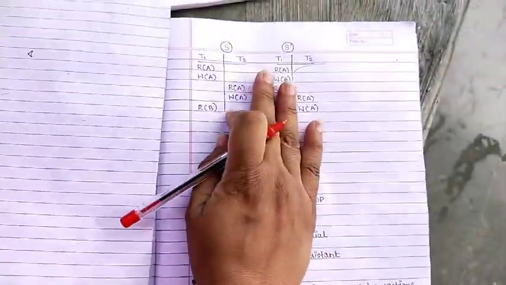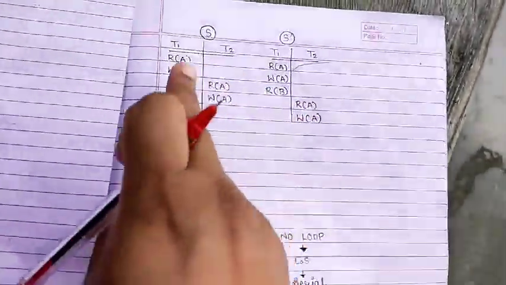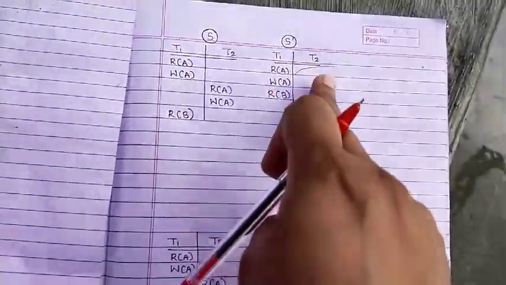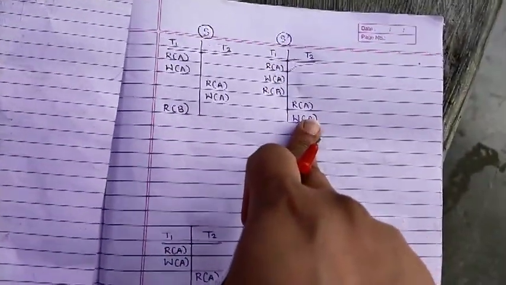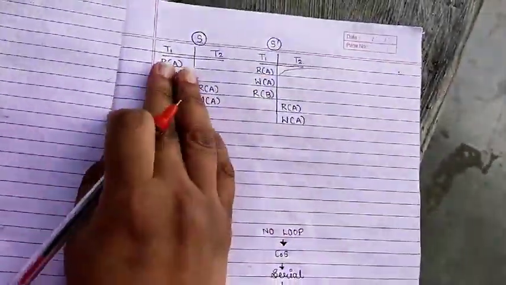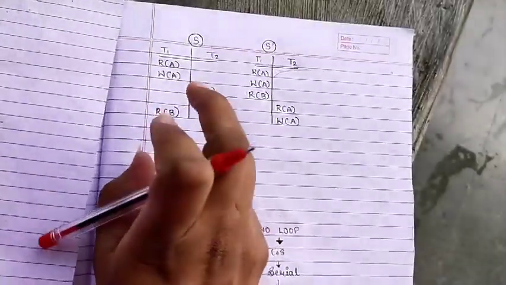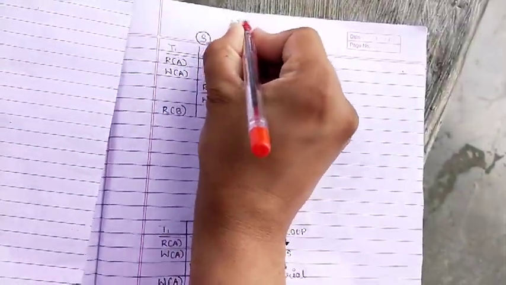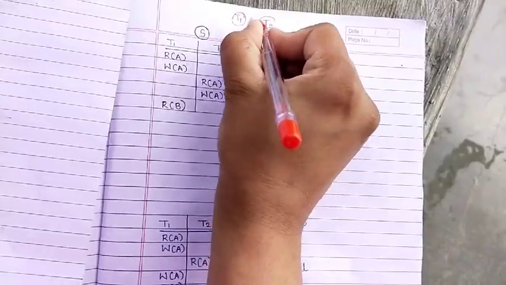Now we have taken two schedules, one which is in a parallel form and another which is in a serial form. Now when we draw a graph for this, what will happen? Suppose T1 and T2.